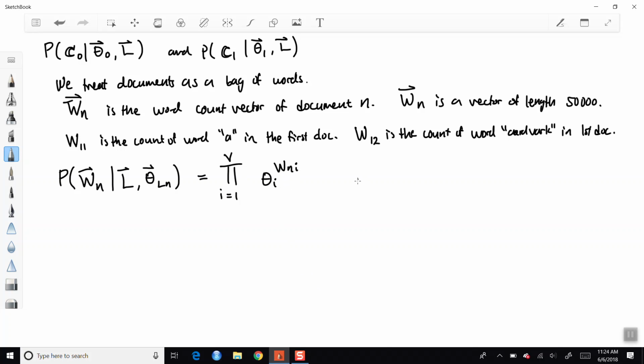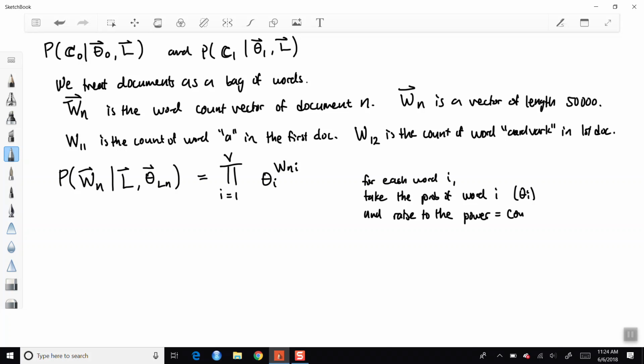So for each word i, take the probability of word i, theta sub i, and raise it to the power equal to the count of word i in document n.